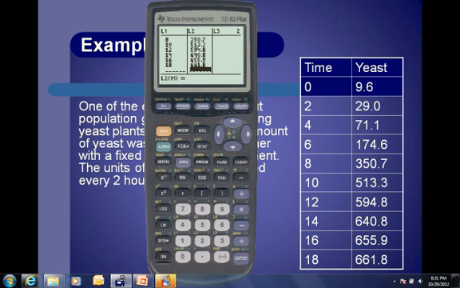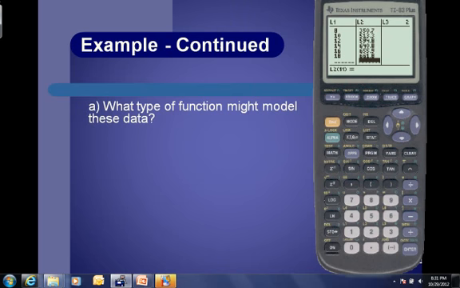So the first thing we want to do is look at our picture and try to determine which of the 3 types of graphs we're going to get. So when we do that, we're going to go second, y equals, enter to turn it on, enter to select it, and again we're going to go Zoom 9, which is Zoom Stat.